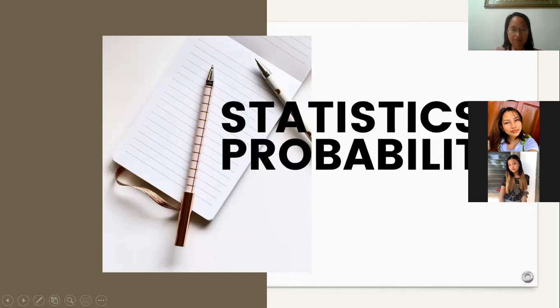Parameters. So anything that comes from the population, yun po yung mga parameters. And those coming from the sample are the statistics. Statistic, if it is singular, if it is plural, statistics.